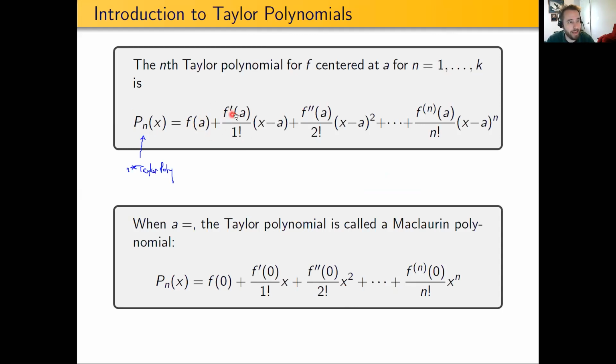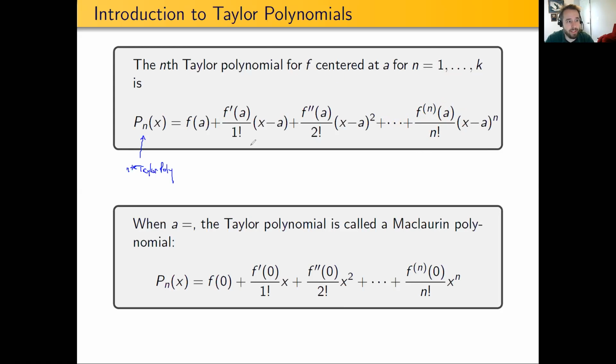We get f prime of a over 1 factorial times x minus a, plus f double prime of a over 2 factorial times x minus a squared, plus the next term would be f triple prime of a, the third derivative of f at a, over 3 factorial times x minus a cubed, plus dot, dot, dot, all the way up to the nth term, in which we take the nth derivative of f at the point a divided by n factorial times x minus a raised to the n power.